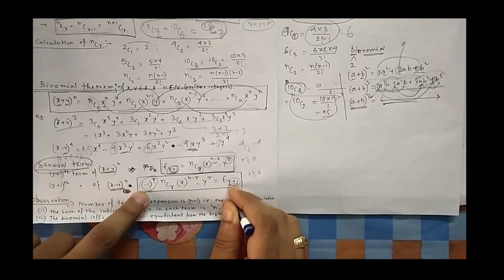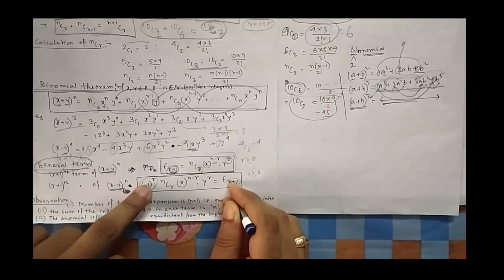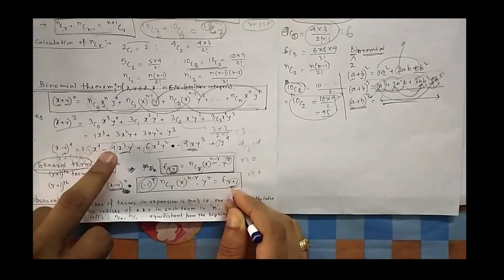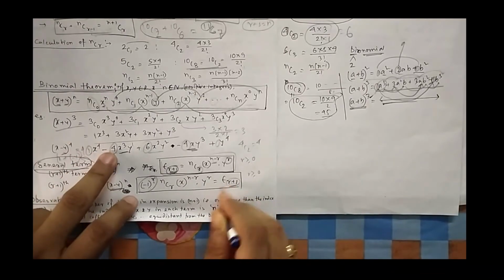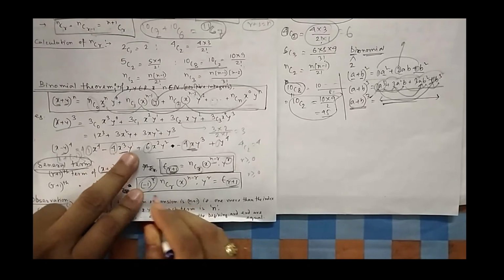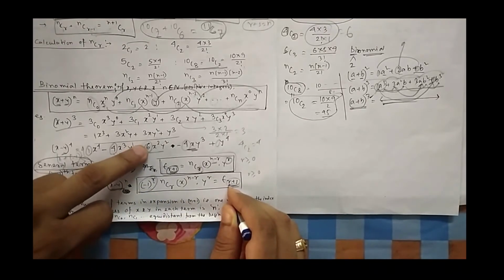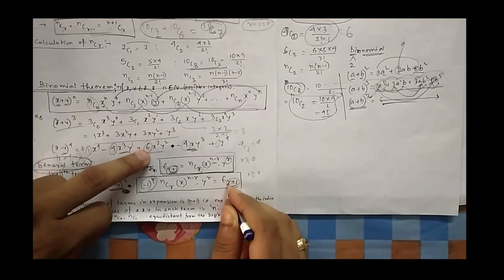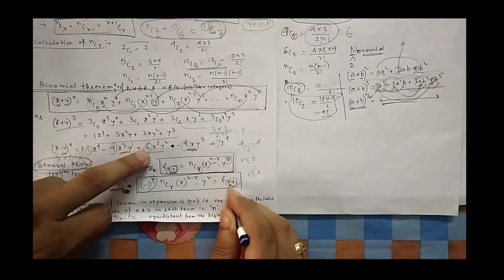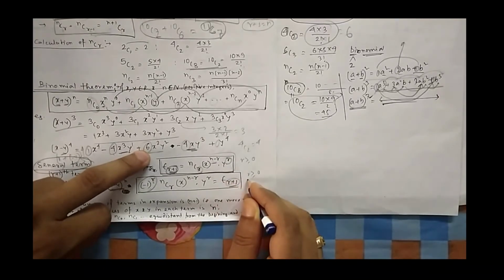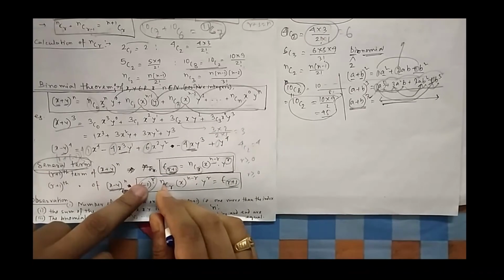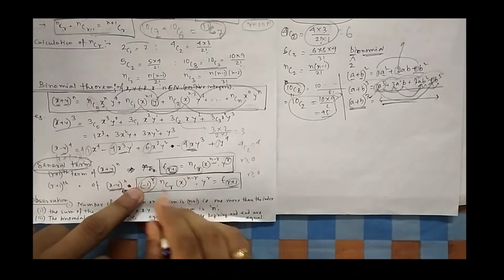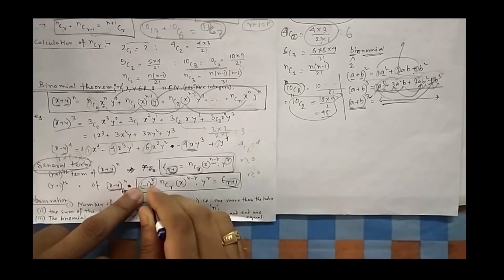If it is the first term, then r would be equal to 0, then it will be positive. If you need the second term, then you put r equal to 1, then the power is odd, so it is negative. If you come to the third term, then you put r equal to 2, so it will be T3, T 2 plus 1. T3 represents the third term. Then automatically it will become positive, because r is 2 here.